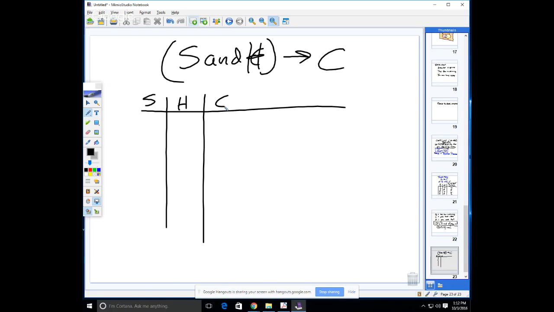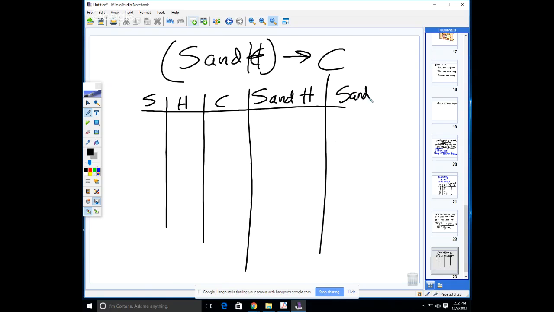Order of operations, the parentheses indicate them. So the next thing I would analyze is what S and H are doing. And then finally I could put them all together and have S and H implies C.